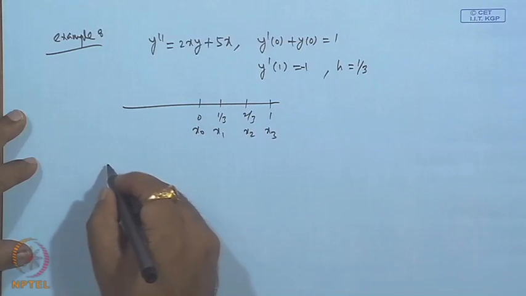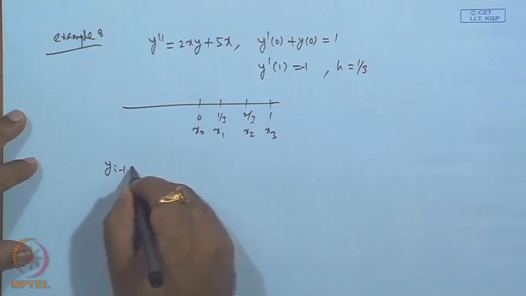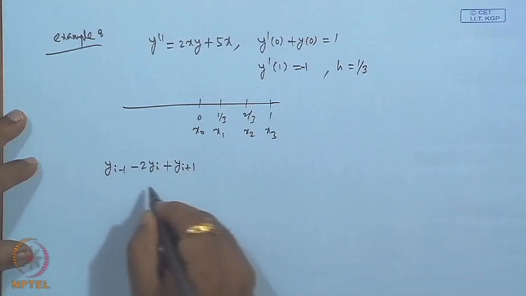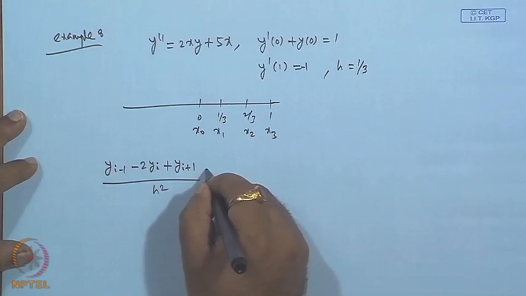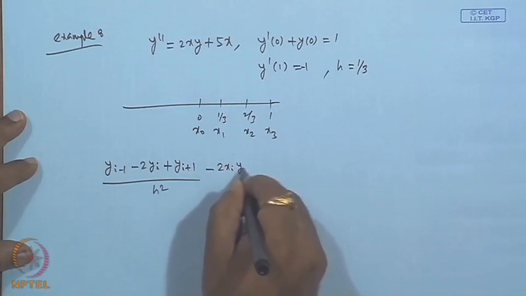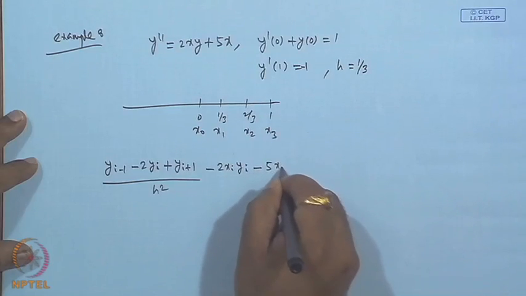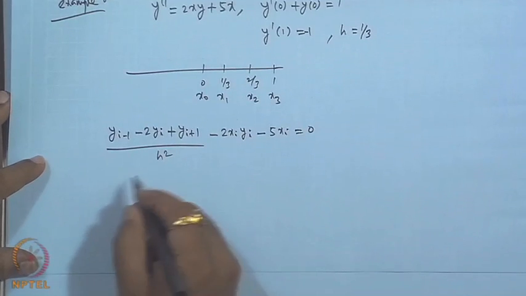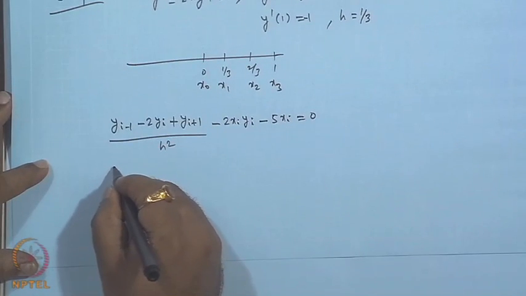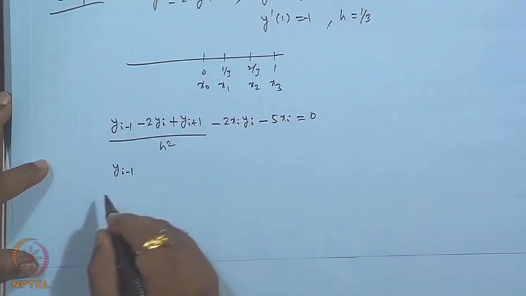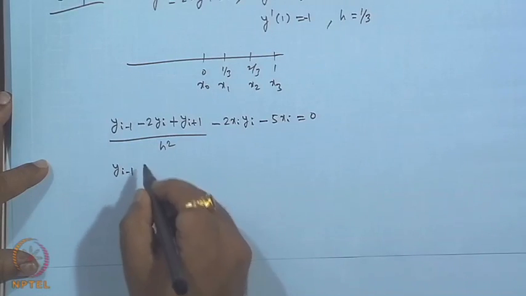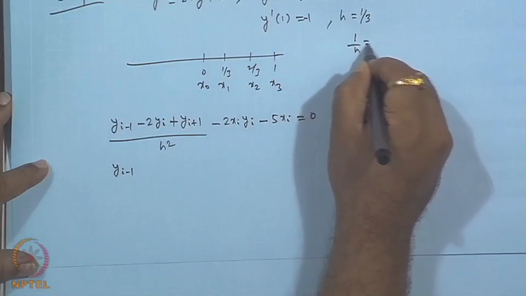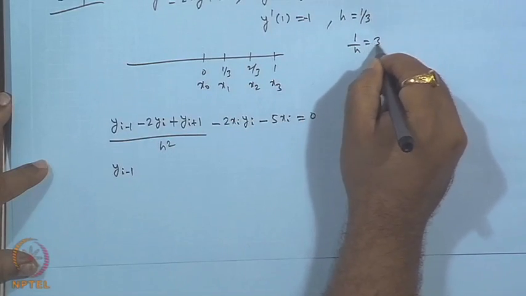So, now usual discretization right. So, we have so 1 over h is 3.